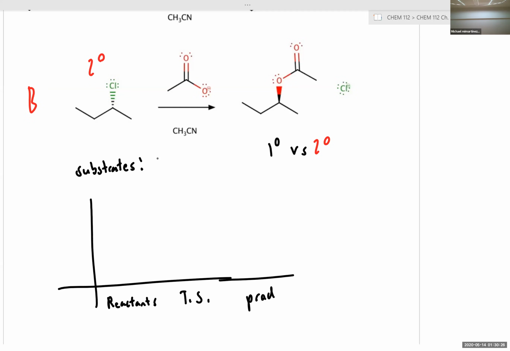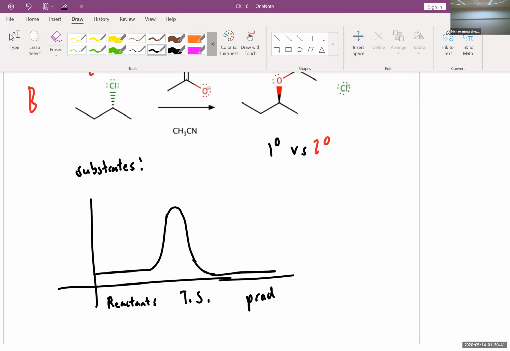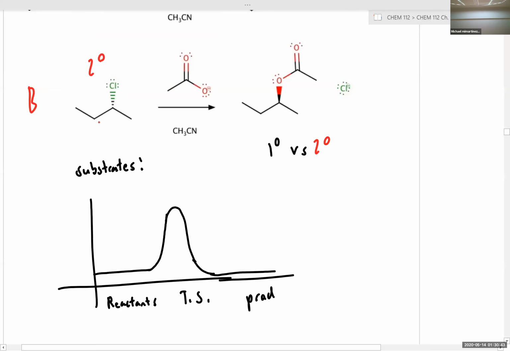So for primary, our reactants are relatively low in energy. Our transition state is a relatively small jump, and we generate products. For a secondary substrate, our reactants are a little bit higher in energy, but our transition state is substantially higher in energy.